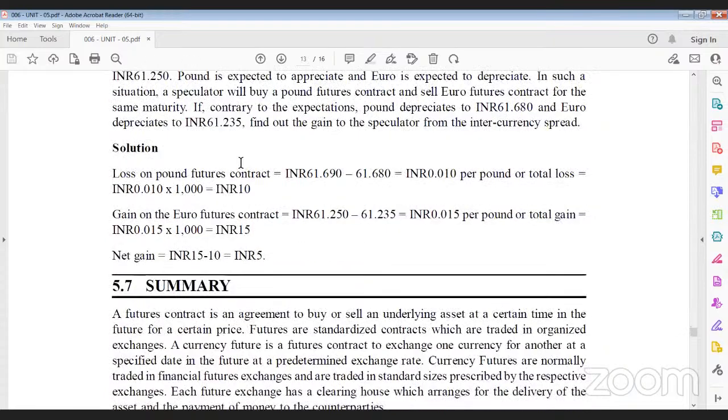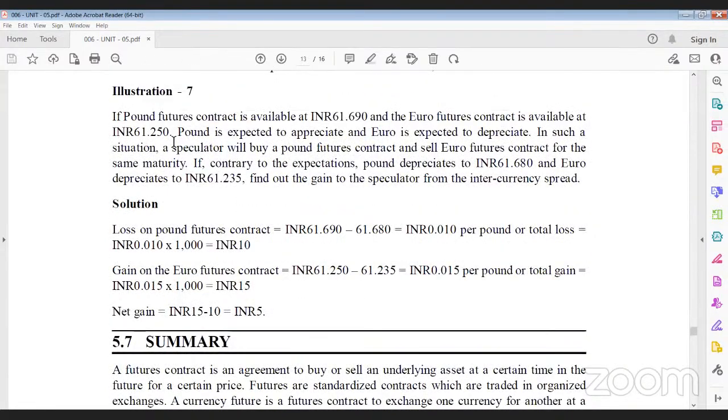Okay. Then we have a few simple problems here. Suppose a pound future contract is available at this price and the euro future contract is available at INR 61.250. Pound is expected to appreciate and euro is expected to depreciate. In such a situation, a speculator buys the pound future contract and sells the euro future for the same maturity. If, contrary to the expectations, the pound depreciates and the euro depreciates, find the gain to the speculator from the intercurrency spread.